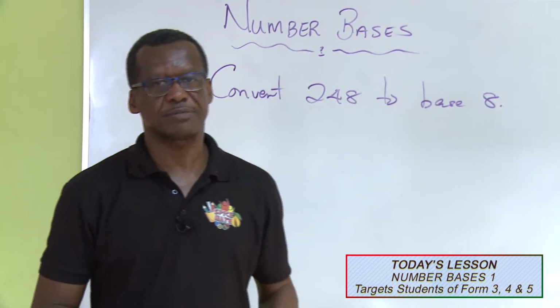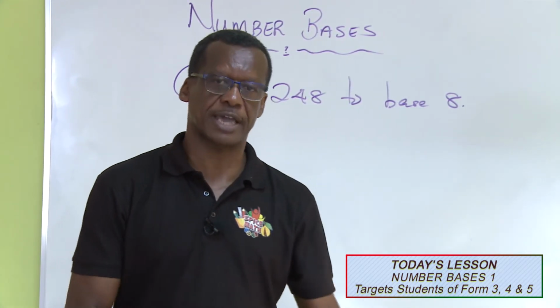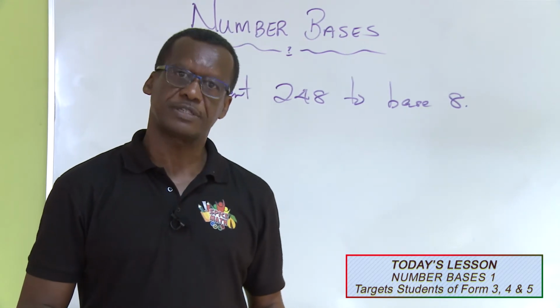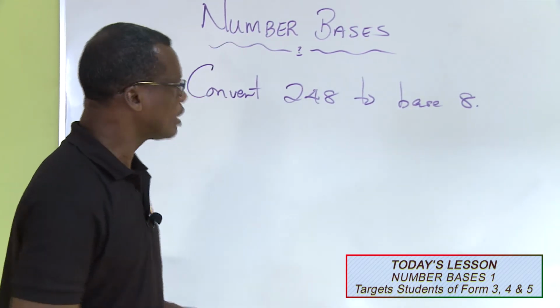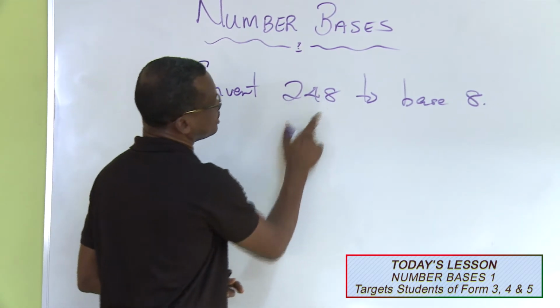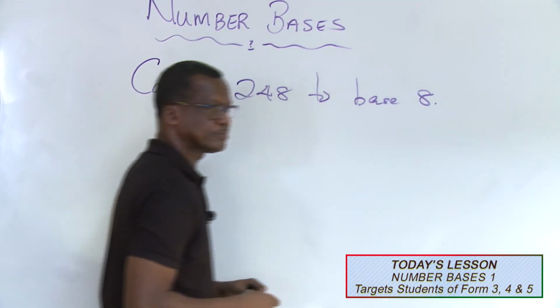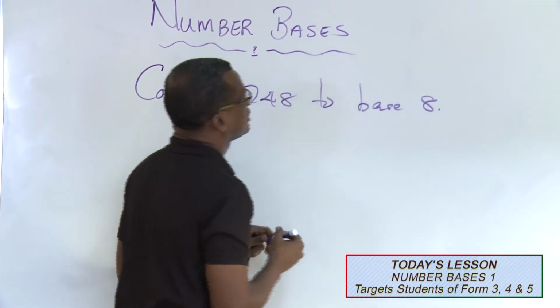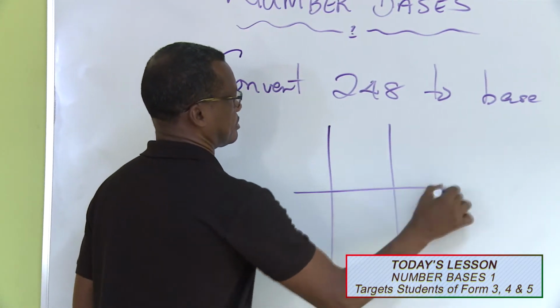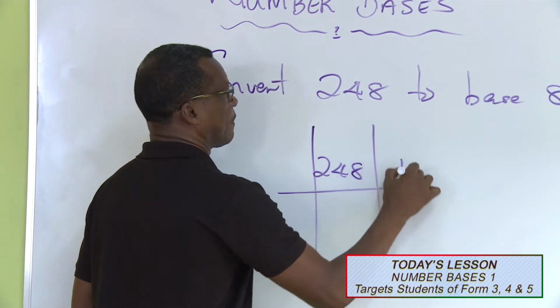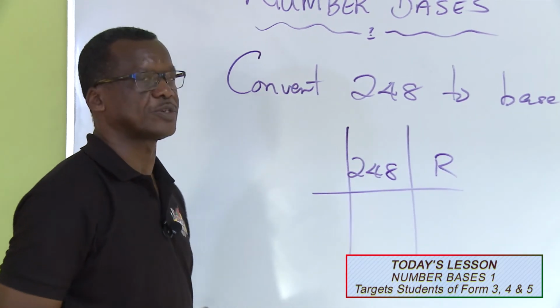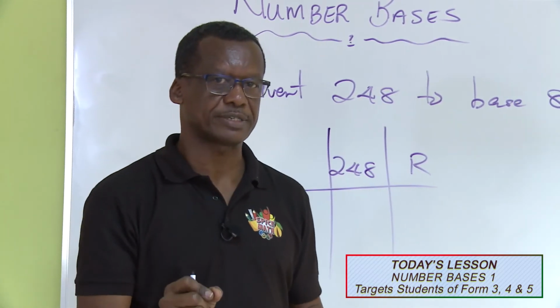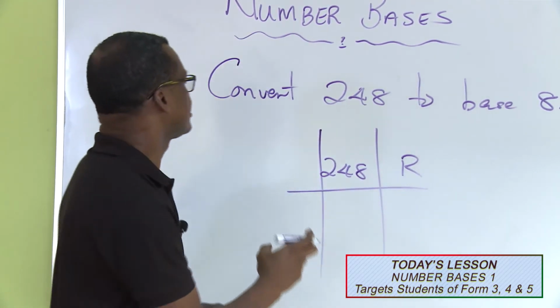And the operation in mathematics that speaks to that kind of reorganizing is division. So if I'm going to convert 248 in base 10 to base 8, in this process we are going to track the remainders as we divide.